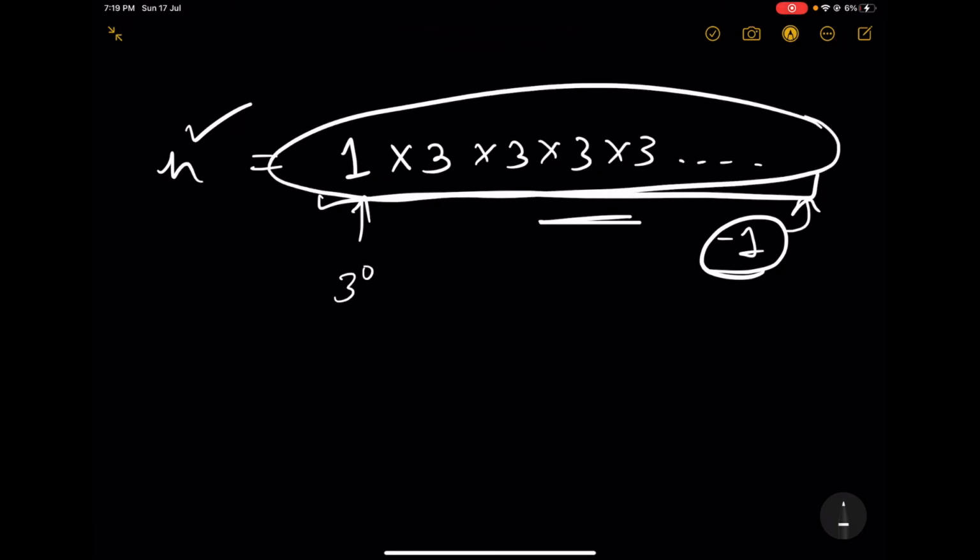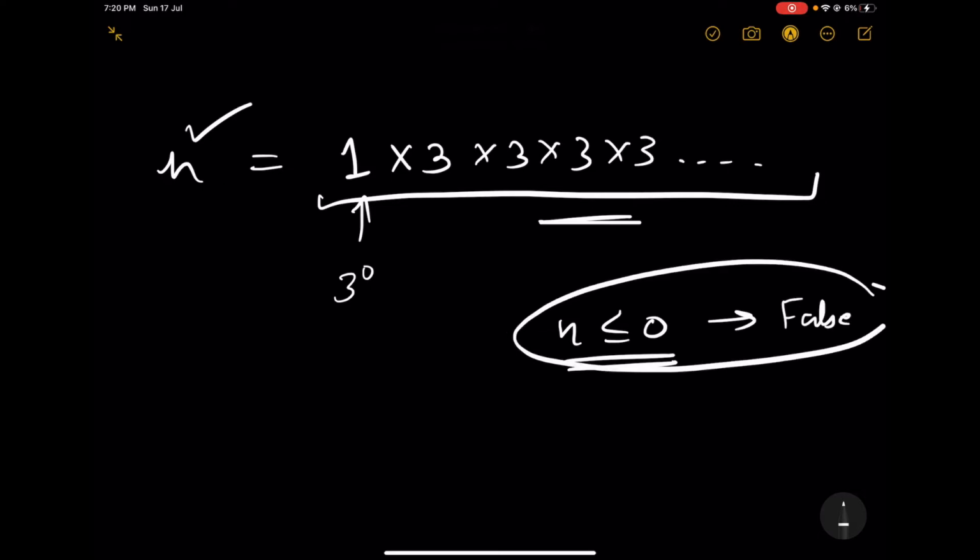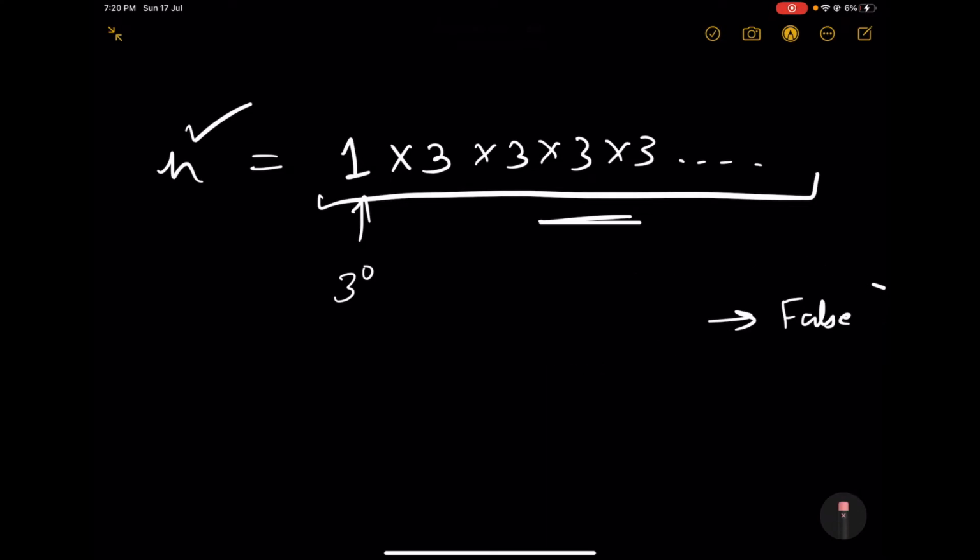So we know that any negative number can't be a power of 3, and also we just know by a clear observation that 0 isn't a power of 3, right? So n less than or equal to 0 means that we need to return false, because these numbers are not powers of 3, right?